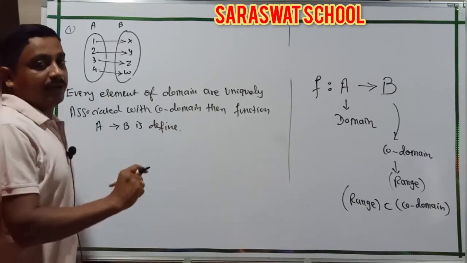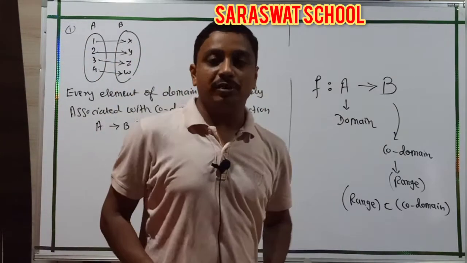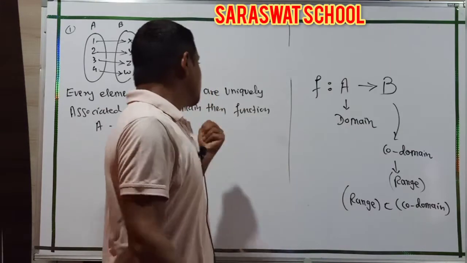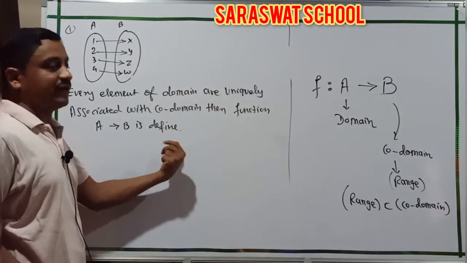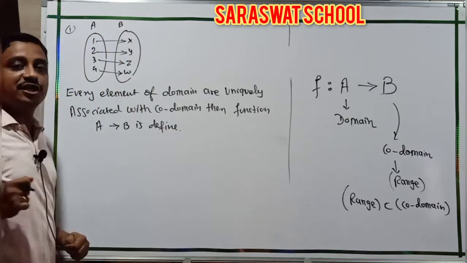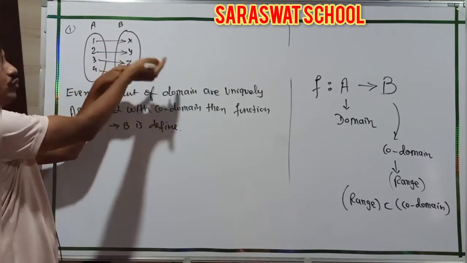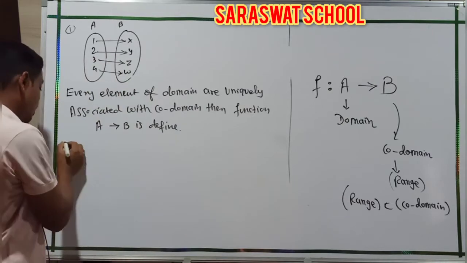Okay, again repeat. Every domain member is uniquely associated with the codomain, then the function is defined. It means in this drawing, this relation exists: 1 to x, 2 to y, 3 to z and 4 to w.